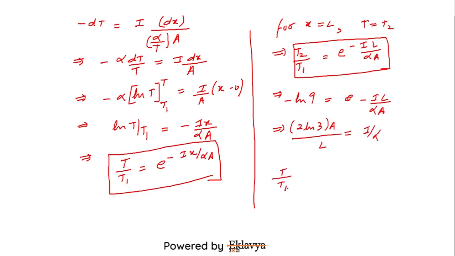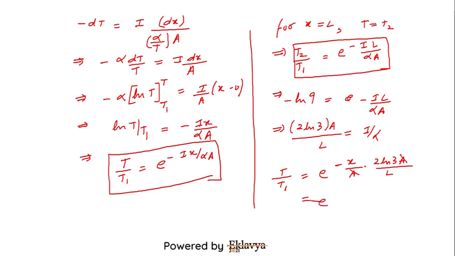So T by T1 becomes equal to e raised to the power minus x by A into I by alpha. I by alpha becomes 2 ln 3 into A by L. A gets cancelled.